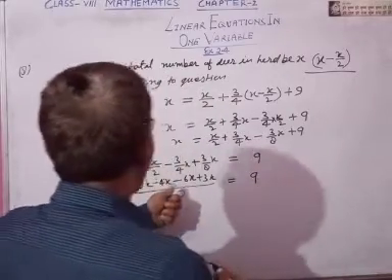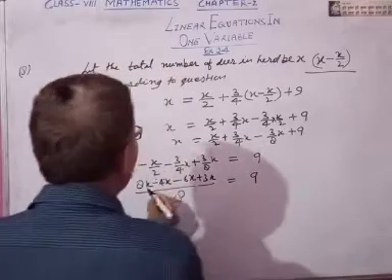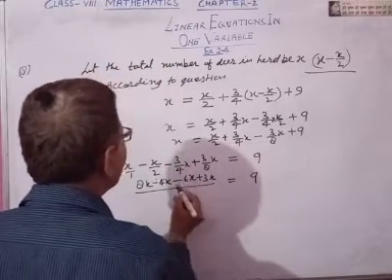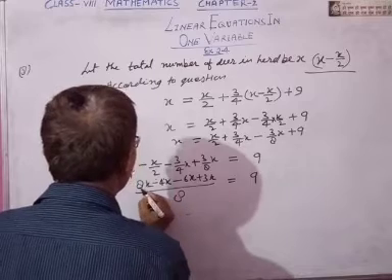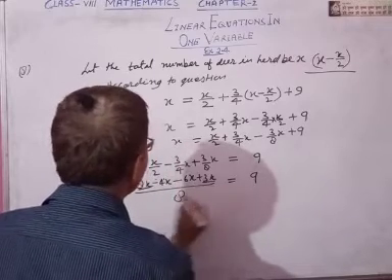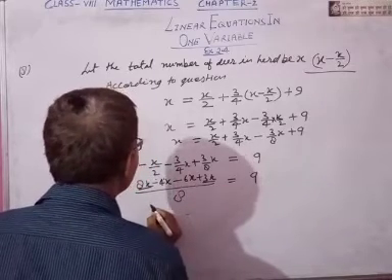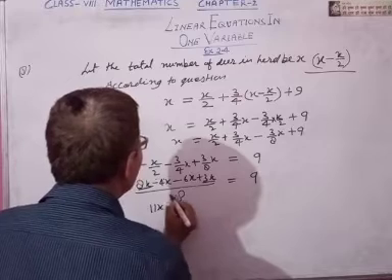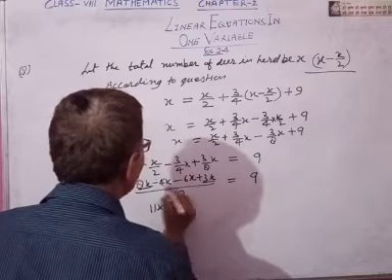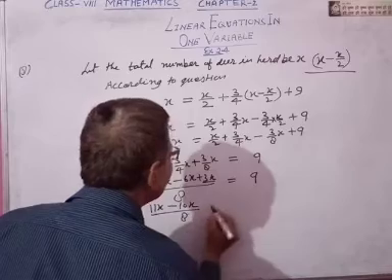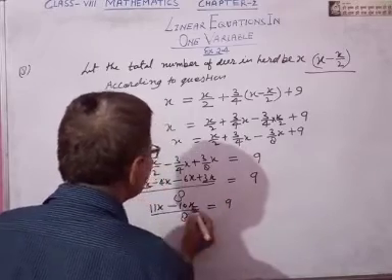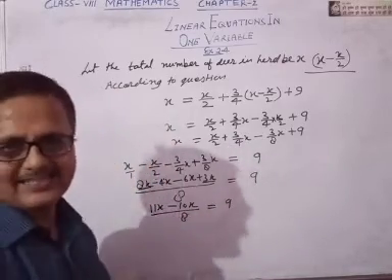Now 8x plus 3x is 11x, and minus 4x minus 6x is minus 10x, so 11x minus 10x upon 8 is x.